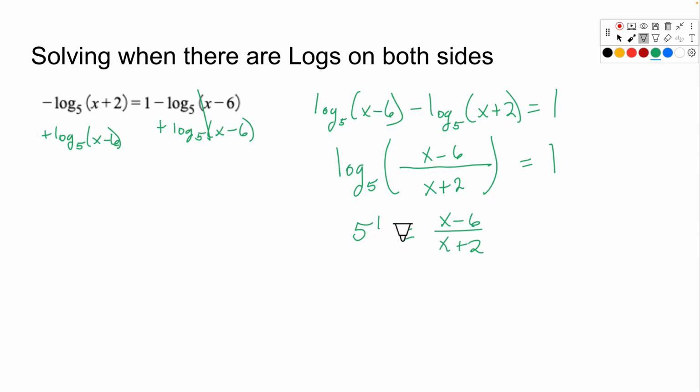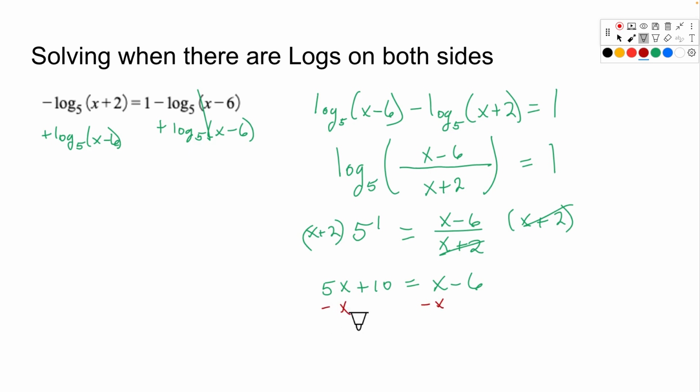Okay, we've got this part. So we've got 5 equals this. We want to solve for x. Maybe multiply both sides by x plus 2. And this cancels with that. We could distribute the 5. So this side we get 5x plus 10 equals x minus 6. And again, just algebra from this part. We could subtract x from both sides.